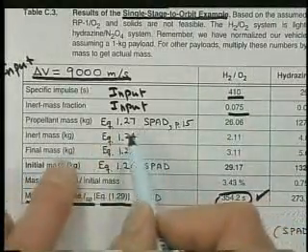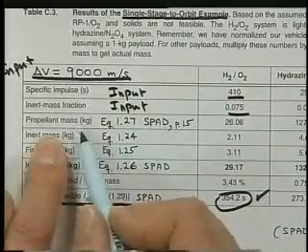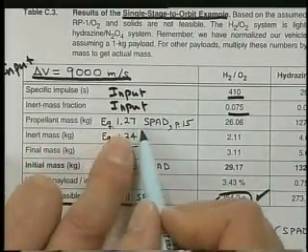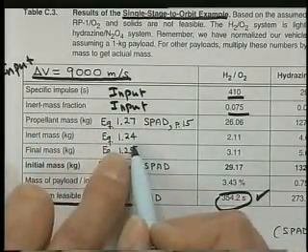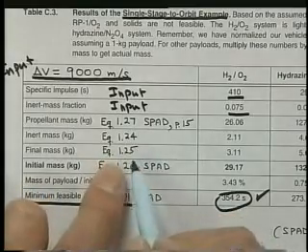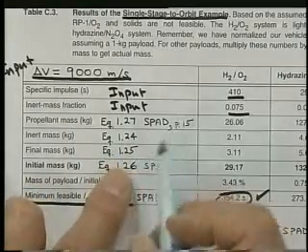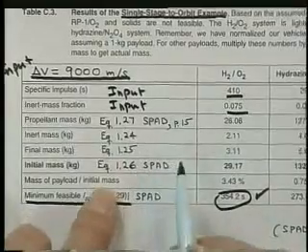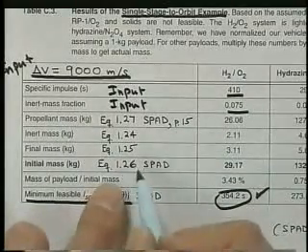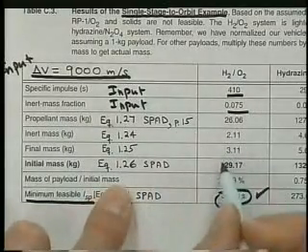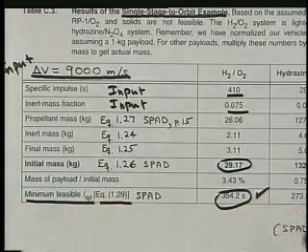We use these equations: the propellant mass equation, equation 1.27 in SPAD, the inert mass equation, 1.24, and the final mass, 1.25, then the initial mass, which is the total. And so we get this number.